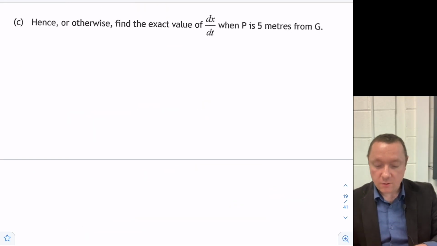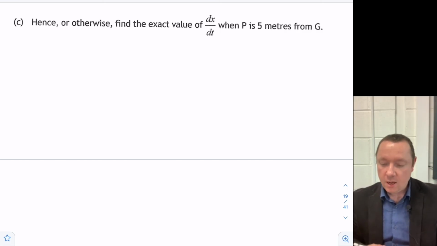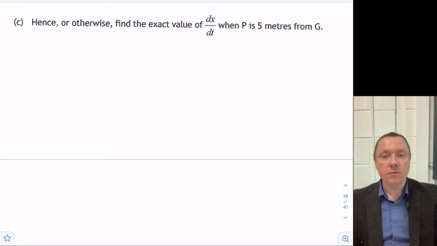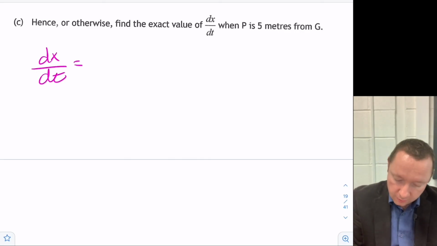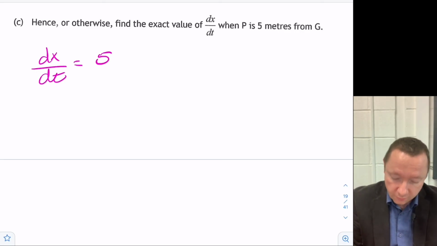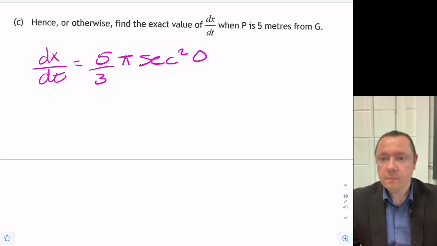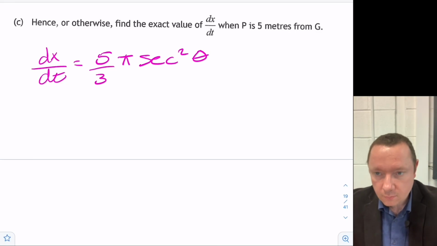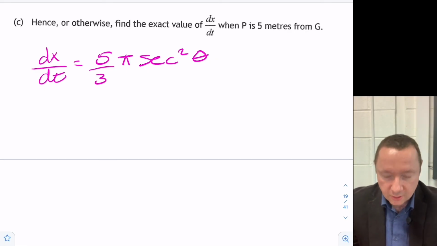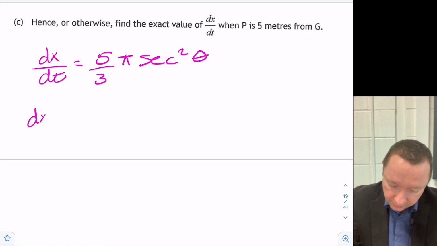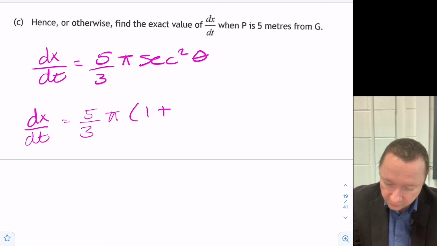Part C says, hence or otherwise find the exact value of dx by dt when P is 5 metres from G. So recall dx by dt, we've already worked out, and we've already been told in the question actually, is 5 over 3 pi sec squared theta. But from the previous part, we know that sec squared theta is 1 plus tan squared theta, so dx by dt is 5 over 3 pi times 1 plus tan squared theta.